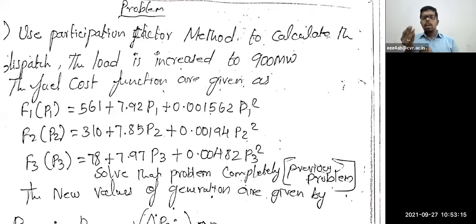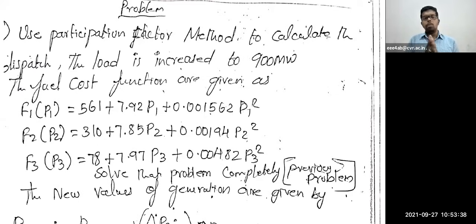Some methods we have seen. Whichever method is easy for you, choose that method. But for solving this problem, I think the lambda iteration method is a very apt method, and you might be saving some time also.